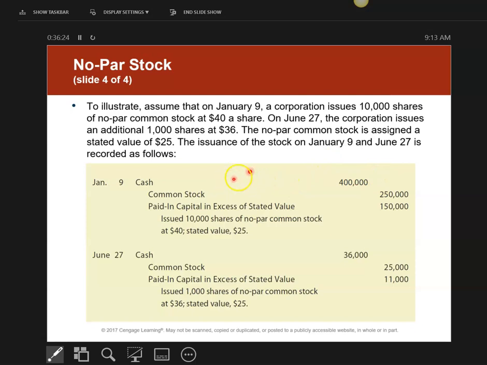But in my common stock, it'll be 10,000 shares times the 25 that will go into here. And then the excess goes into paid in capital in excess of stated value. So the difference between the $25 stated value and the $40 share is what's going to go into that. Okay? So I just want you to understand this. Now this concludes this portion of how to actually journalize things.